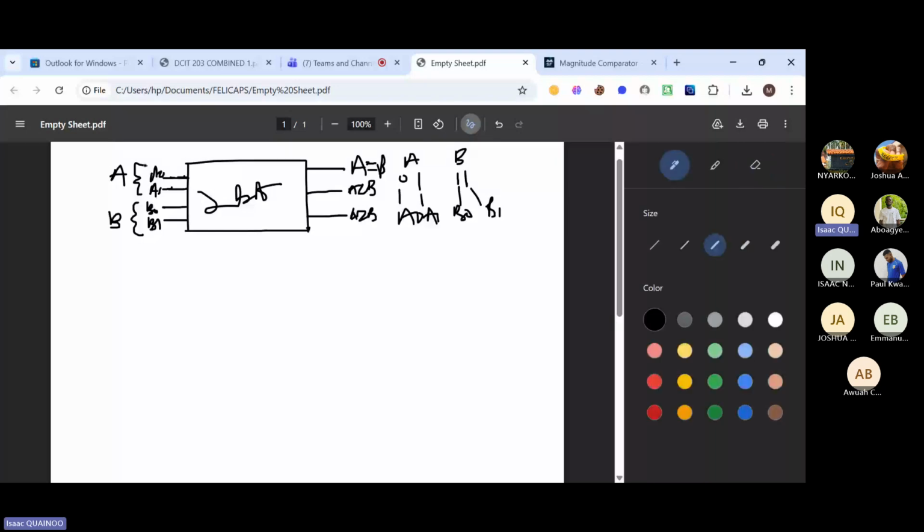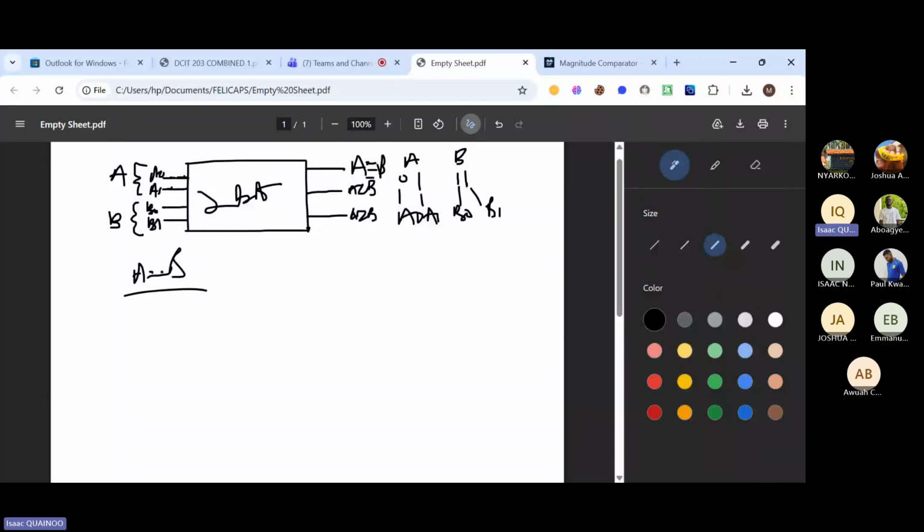If you take your first 2 inputs, A0 and A1, and then B0 and B1, we can just look at all the scenarios where equality can take place. So now let's look at the case for A equals B.